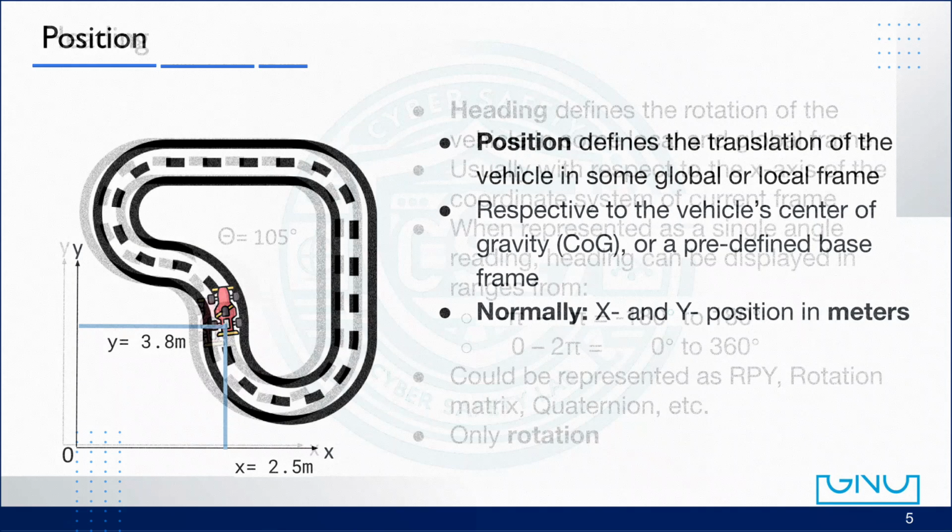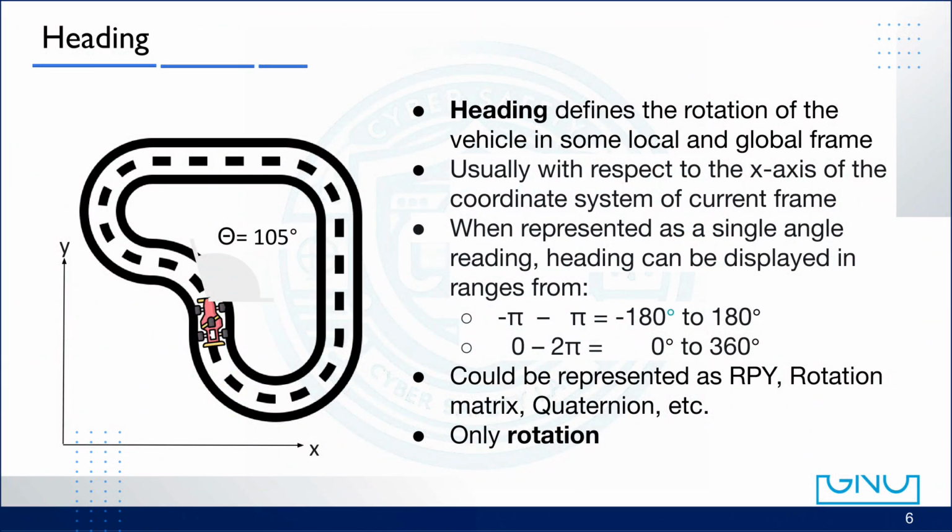Next, let's talk about heading, which defines the rotation of the vehicle. Heading describes the orientation of the car relative to the x-axis of its coordinate frame. It tells us which direction the vehicle is facing at a given moment. Heading can be expressed as a single angle value.